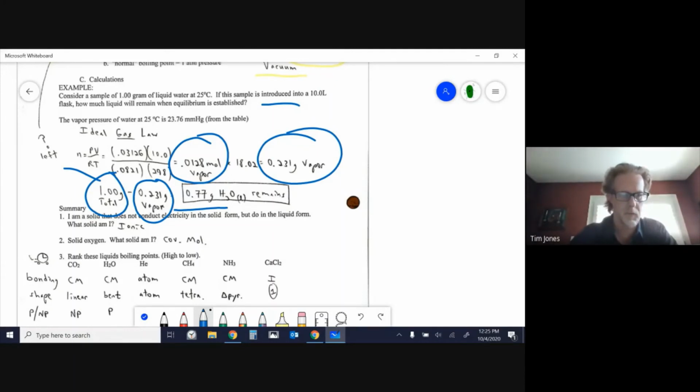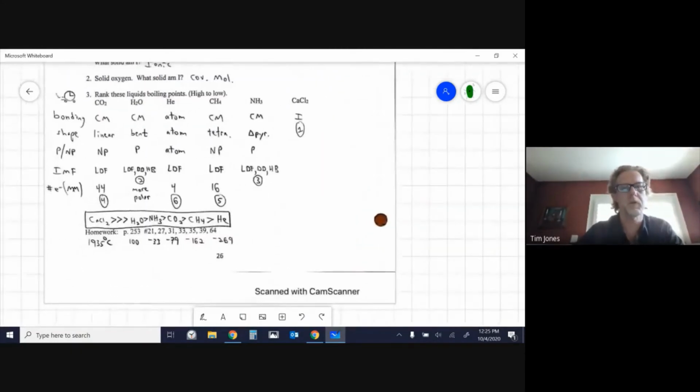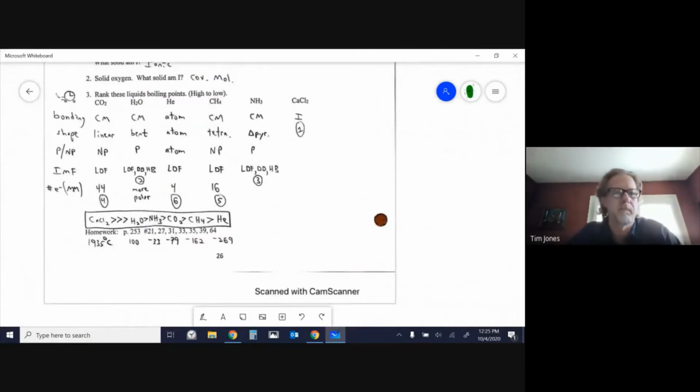Let's see. If we go to this summary number 3, this is a pretty important problem, as I put my little symbol next to it of the little eggmobile. It says to rank these liquids according to boiling point. In this case, I said from highest to lowest. And I've given a list of things to look at.